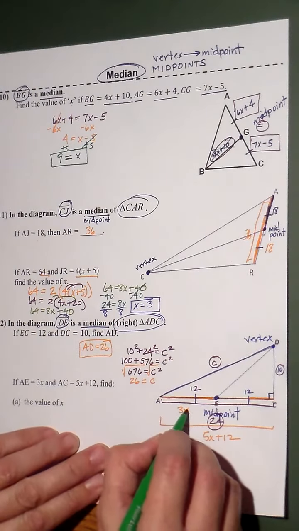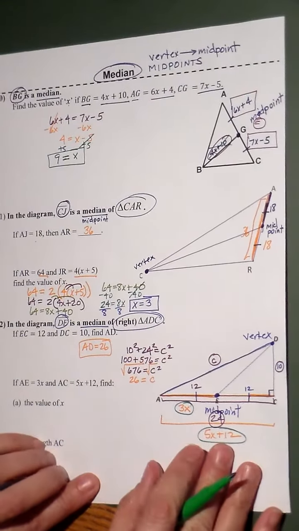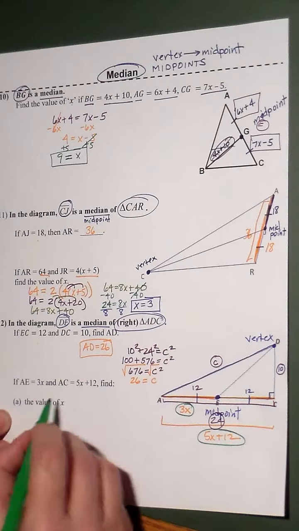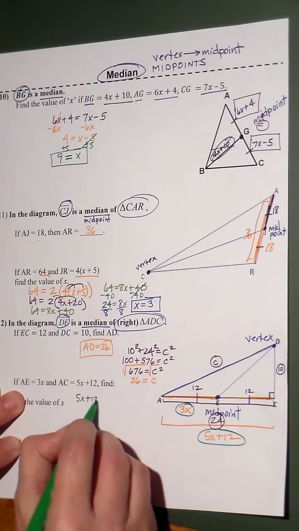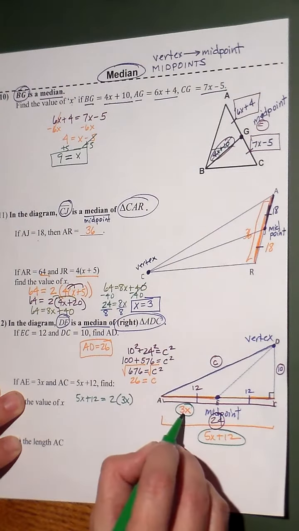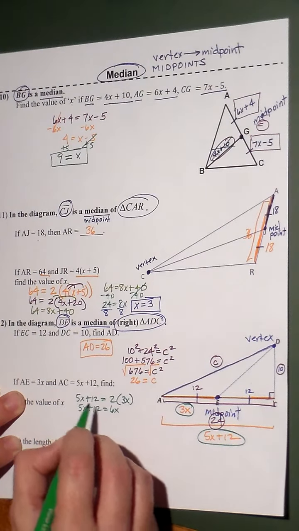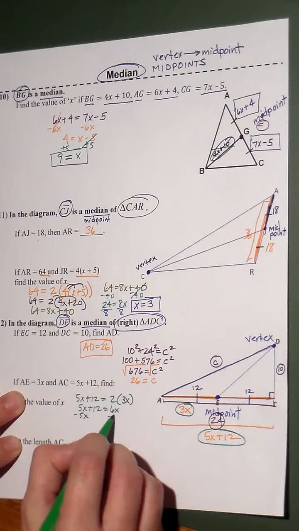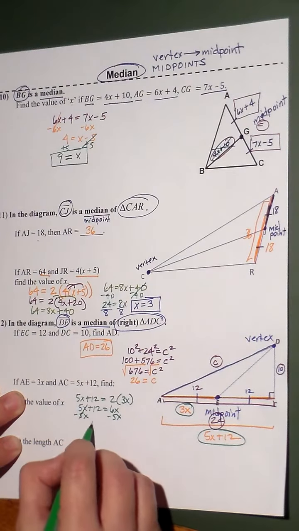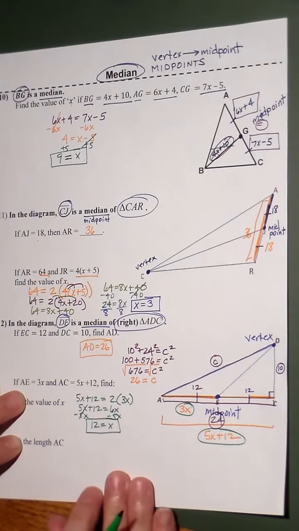So you know that AE is going to be 1/2 of this, or the 5x plus 12 is going to equal twice AE. This is double this one. So 5x plus 12 equals 6x. I'm kind of moving fast. I want to subtract 5x from both sides. So 12 equals x. So there's your first part, 12.